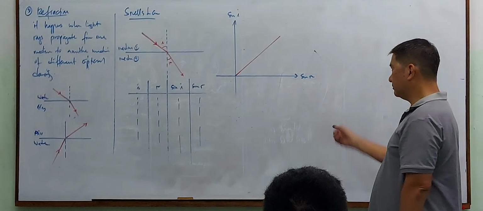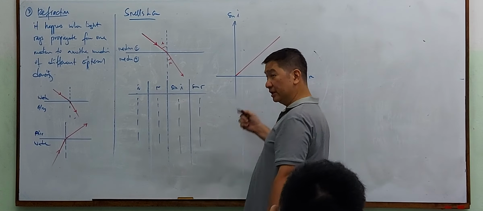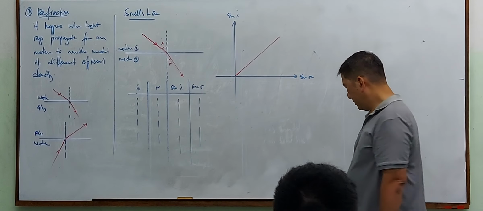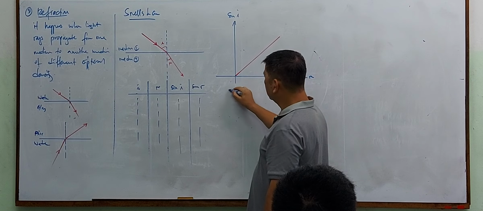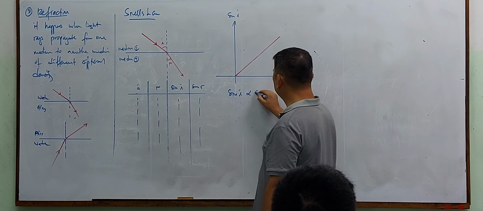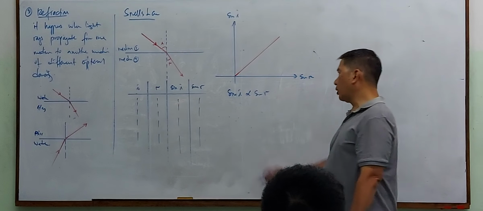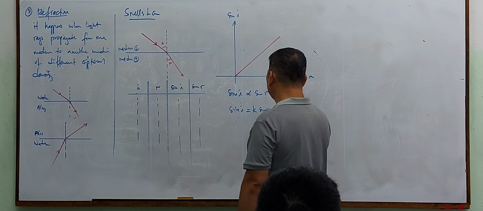Experiment. It sounds like 30 seconds and the experiment is finished, right? We also make a conclusion: they are a straight line. So what conclusion does a straight line mean? They are directly proportional. From this condition, sine i is directly proportional to sine r. When it is directly proportional, when we form the equation, there is a constant k in front, right?